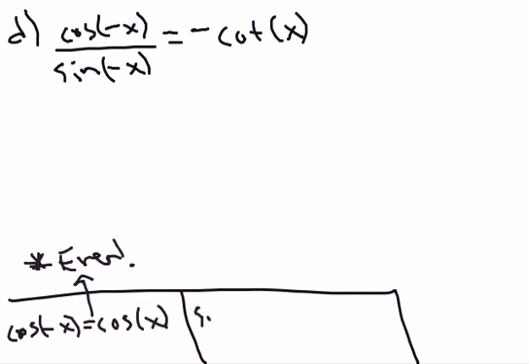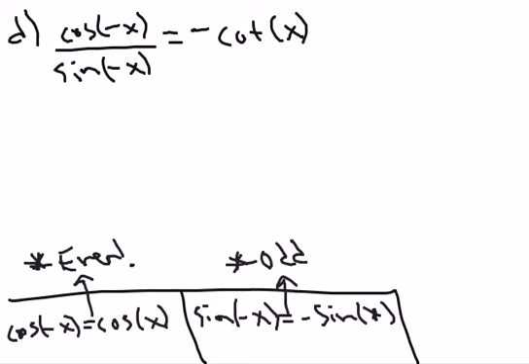And then for sine, sine behaves similarly to tangent in the sense that it is also odd. So that negative sign you can pull out. So sine is odd, just like tangent is.